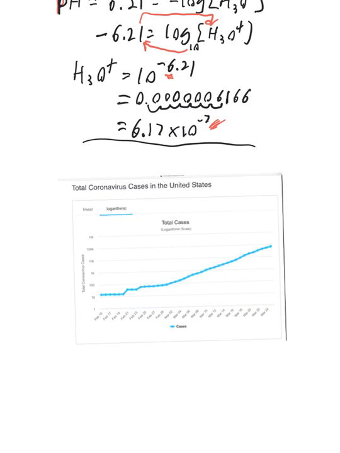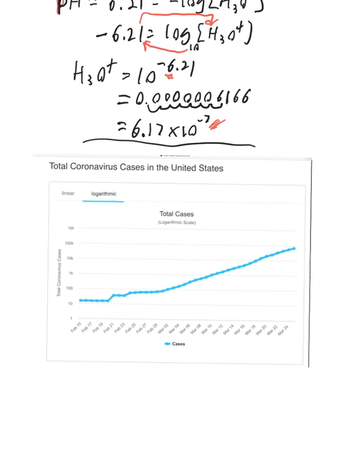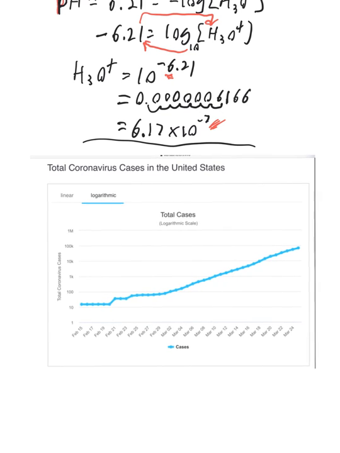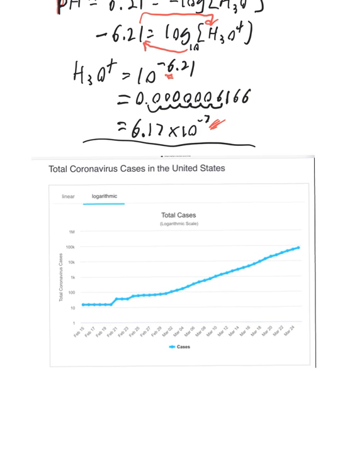This is showing total coronavirus cases in the U.S. If you look at the graph carefully, you'll see the bottom is just showing you dates starting in February through March 24th. The vertical axis is a little different. It's going 1, 10, 100, 1,000, 10,000, 100,000 as you go up.